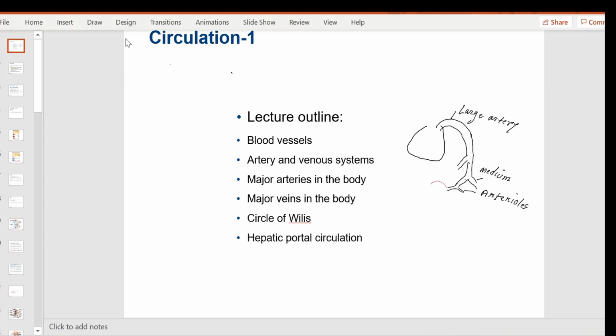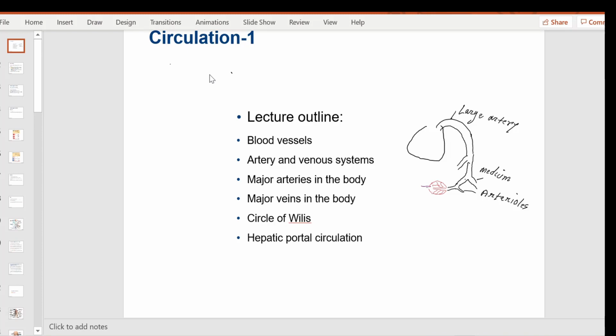Capillaries form beds, networks. Okay, so this is a capillary bed, a network of capillaries. Okay, and then from the other side of the capillary bed, the venous system starts.